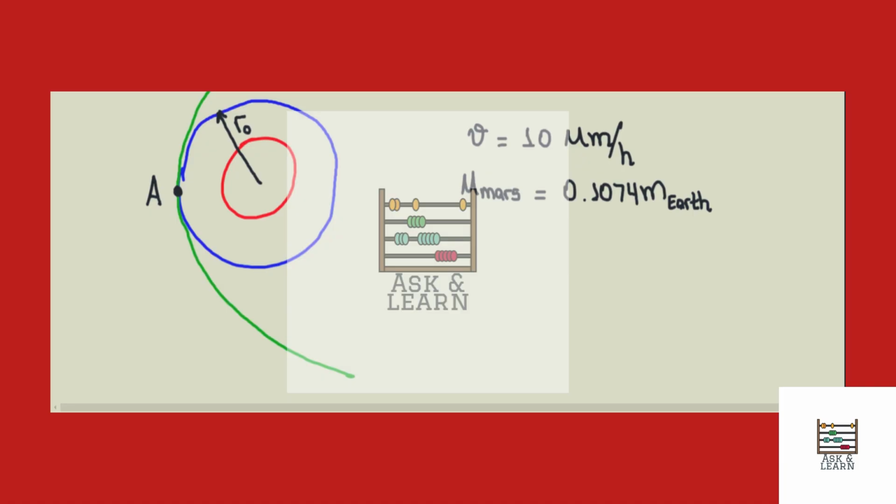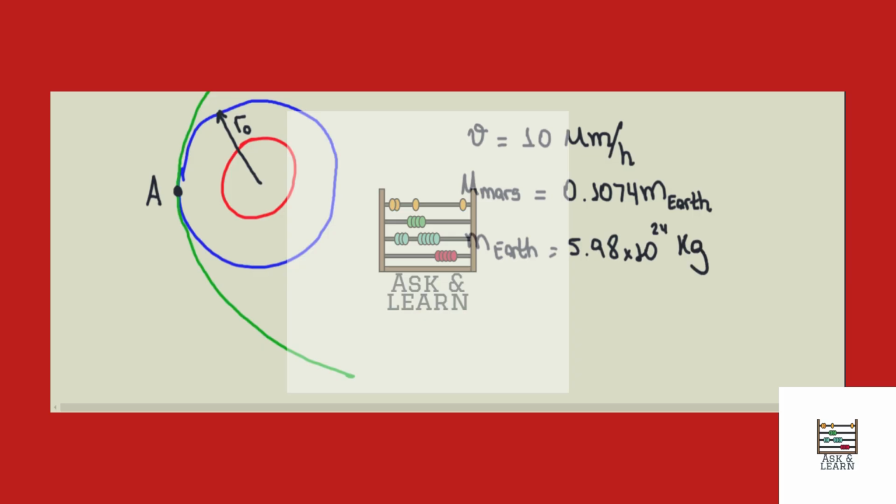Mars is the red circle here. And the mass of Mars is equal to 0.1074 times the mass of the Earth. And we know that the mass of the Earth is equal to 5.98 times 10 to the 24 kilograms.